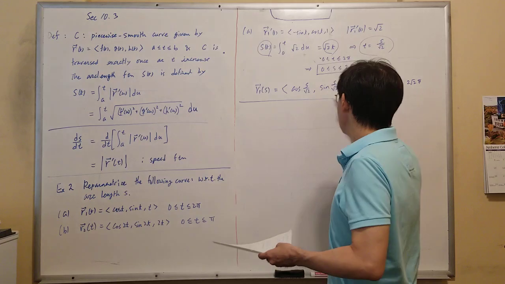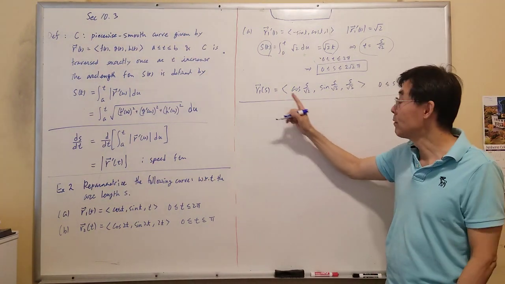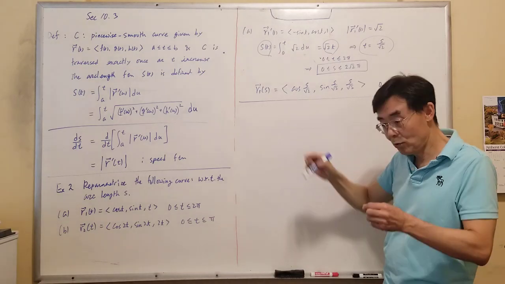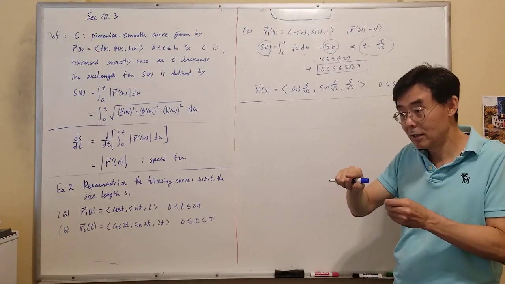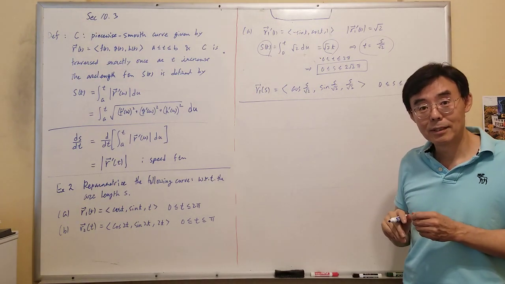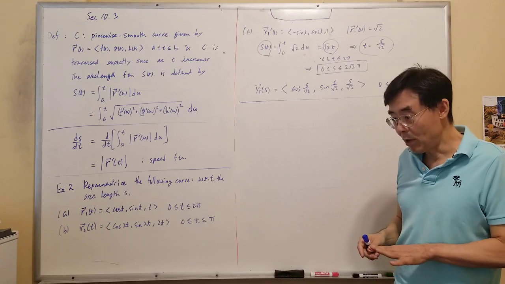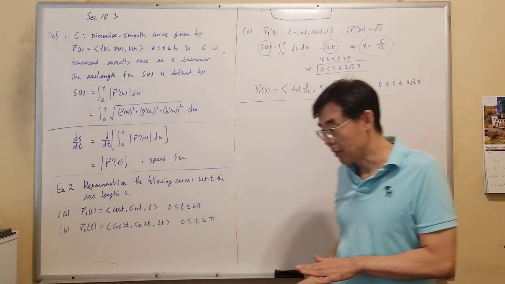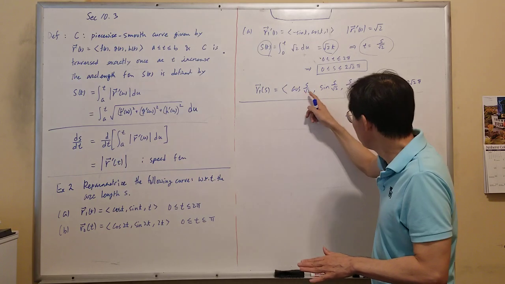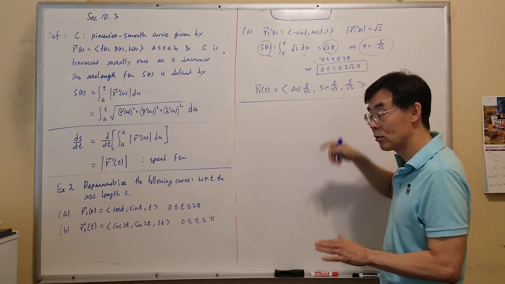Okay? So now, this vector valued function represents your position vector as a function of the distance you travel. We can describe it like this. If I travel along the path 1 meter, I will be in a certain position: cosine of 1 over square root of 2, sine of 1 over square root of 2, 1 over square root of 2.